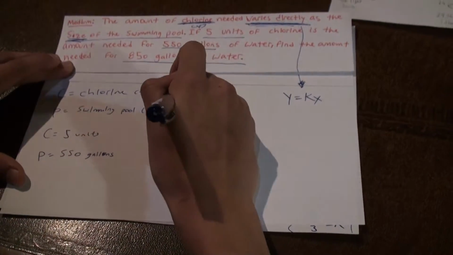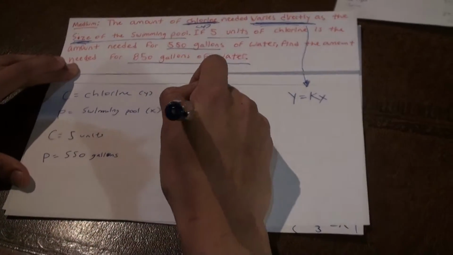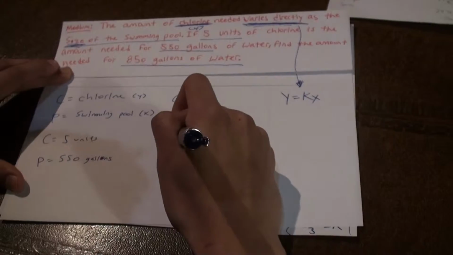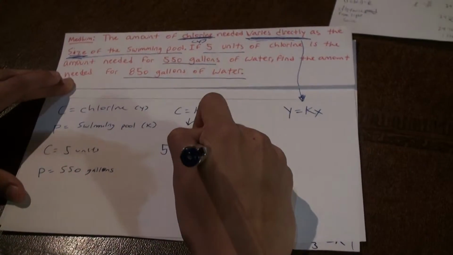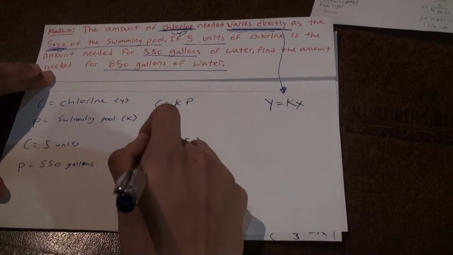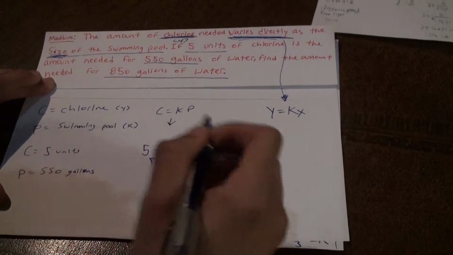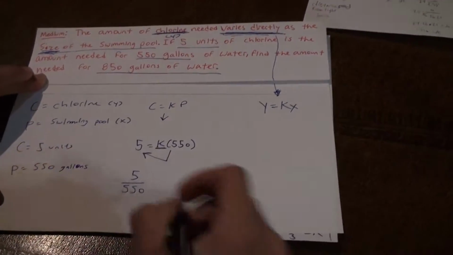And you'd put these in as there. The new one would be C equals KP, or 5 equals K times P, where P is 550. And then just like in the previous problems, you divide, because you're solving for K, you want to leave that on one side by itself. You get 5 over 550.